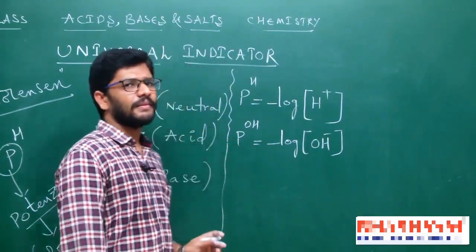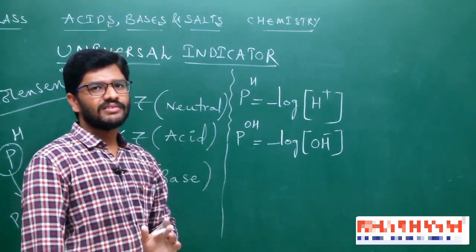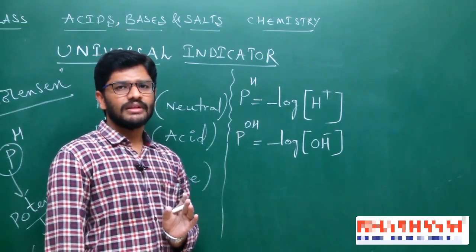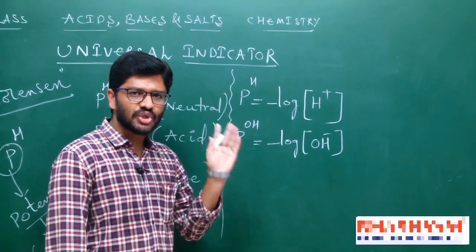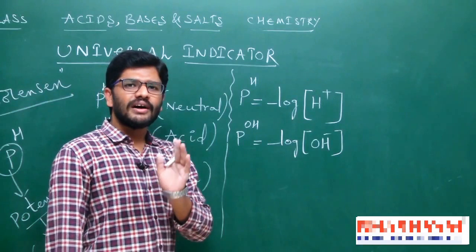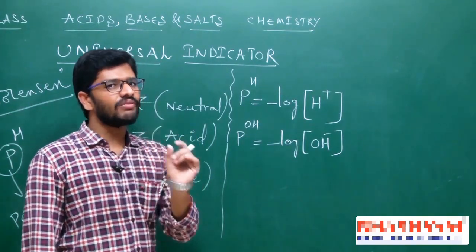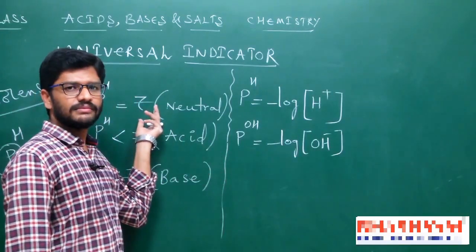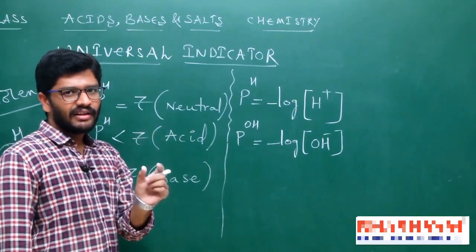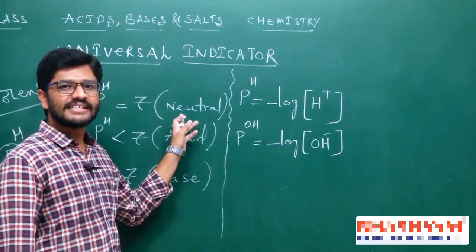Generally, the pH scale consists of 14 values, starting from 0 to 14. If the substance shows a pH value of exactly 7 on the pH scale, we consider that substance as neutral.